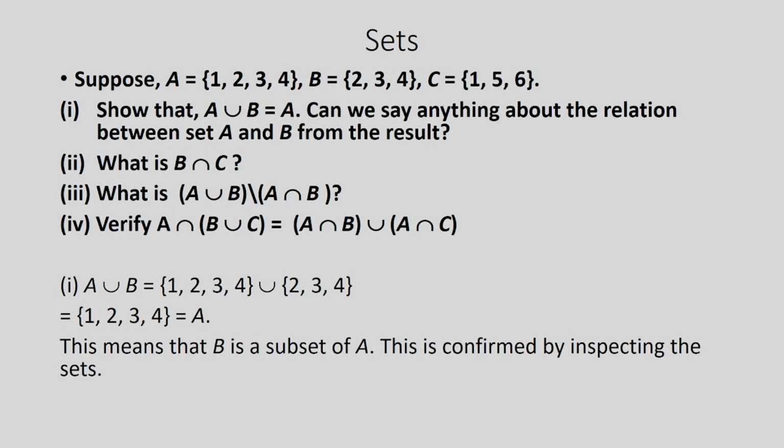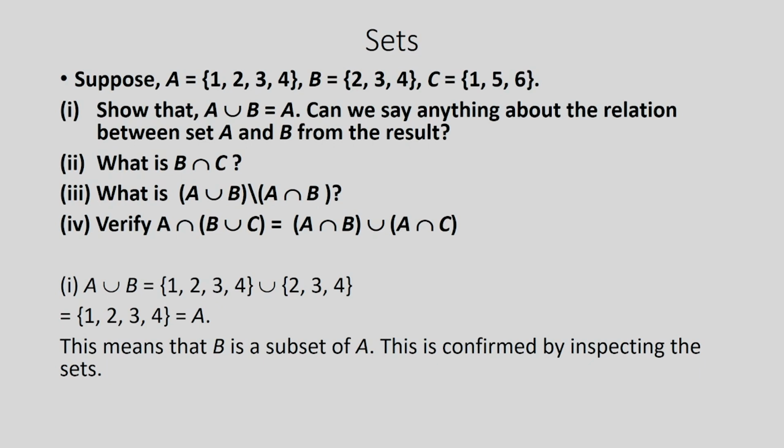Show that A union B is equal to A. Can we say anything about the relation between set A and B from the result? Okay, what result? The result that we have given here, that is A union B is equal to A. The second question is, what is B intersection C?